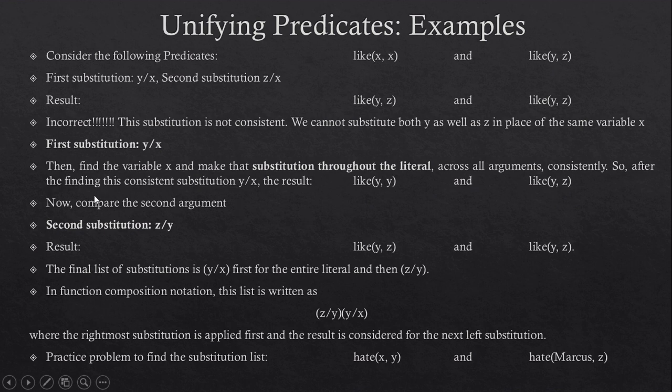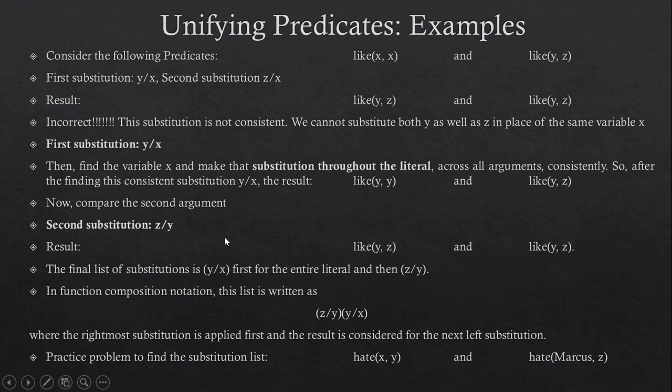Now we consider this result and then go ahead to compare the second argument. The second arguments are y and z. So now we can try to unify these two arguments by having the substitution z for y. That is, substitute z in place of y.